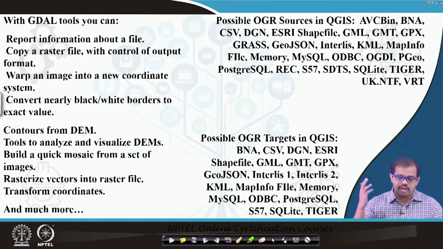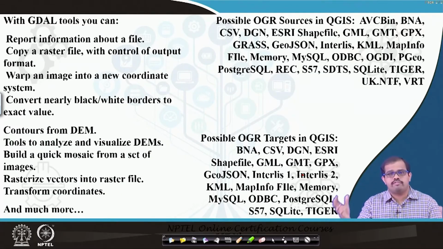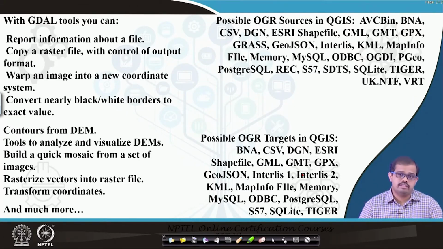And when you look at OGR, it has a huge number of formats that it can support, whether it is AVC bin, BNA, CSV, which is the comma separated value format, DGN, shapefile, and GML, the well known Geography Markup Language, which is being used in a lot of contexts and is an extremely flexible language.